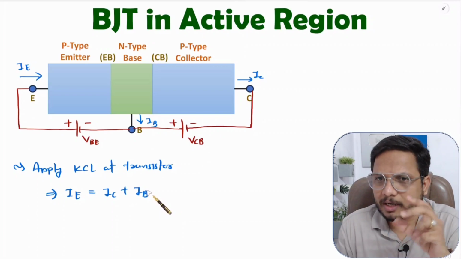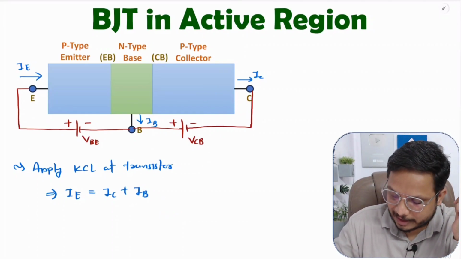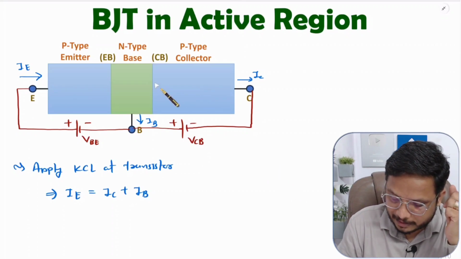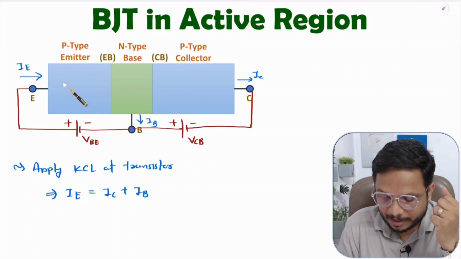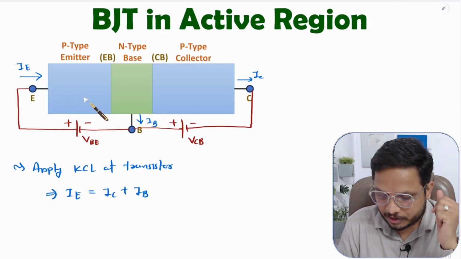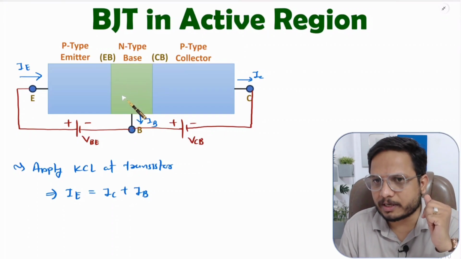Now our agenda is to understand how current flows internally. Let me explain that step by step. This is a PNP transistor. The emitter has higher doping concentration, the collector also has higher doping concentration, and the base has lower doping concentration.